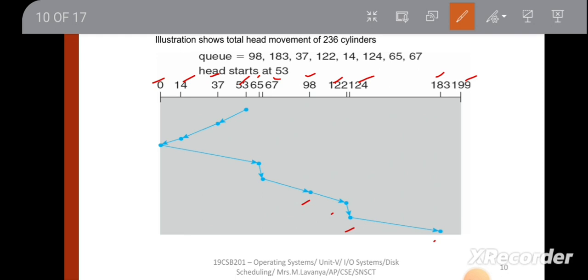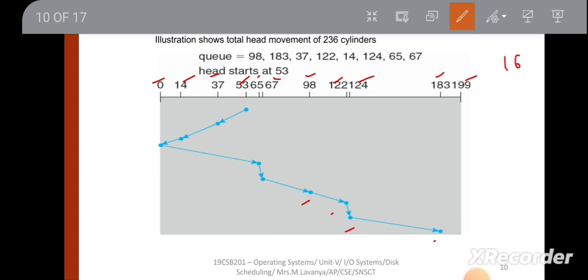While calculating this, the total movement distance will be calculated. First, the cylinder head is at 53. From 53 it moves to 37, so the movement is 53 minus 37, which is 16 cylinders.